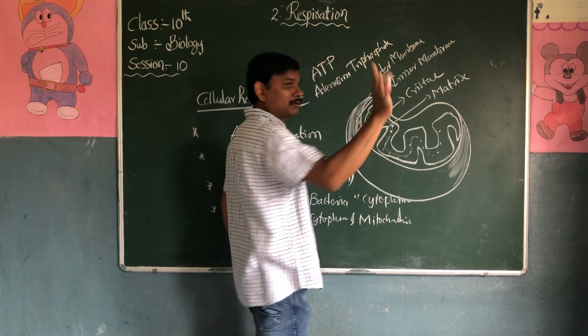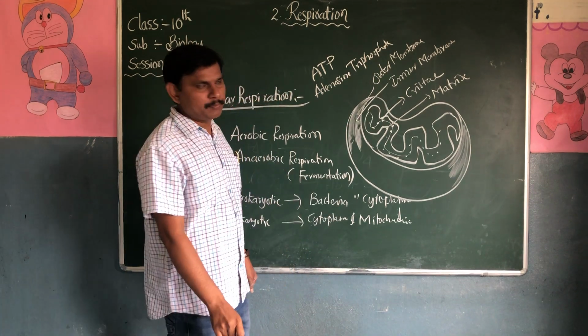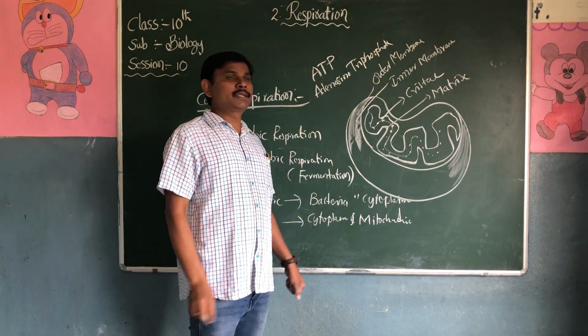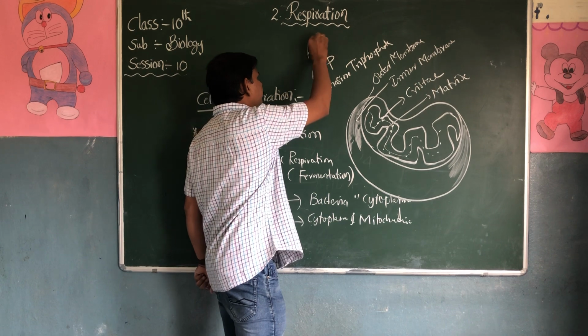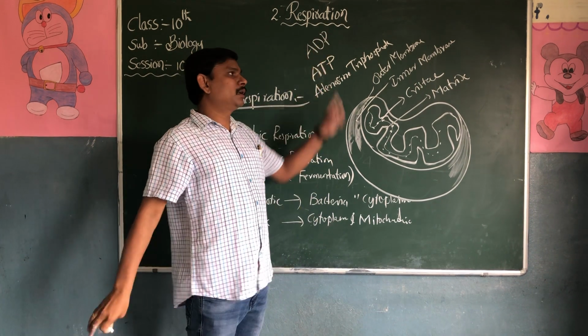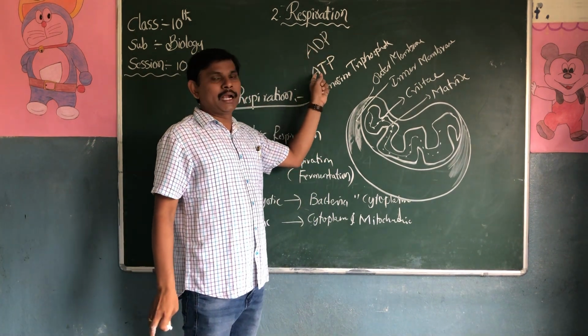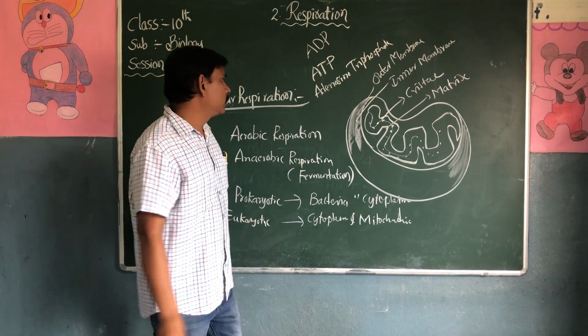Triphosphate is nothing but 3 phosphates. ADP is called adenosine diphosphate. ATP is adenosine triphosphate.